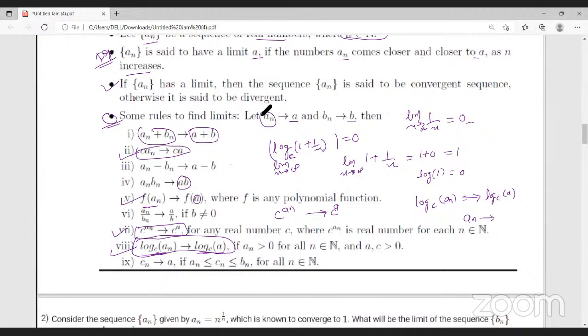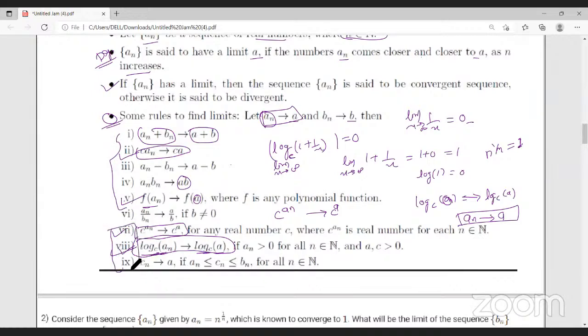Here you can see a_n tends to a, right? I'm not taking the limit of this particular log, I'm just taking the limit of this a_n. It is given to us, that n to the power 1 by n is 1, so I'm simply transferring this limit to this. These properties are simple, but try to memorize them.